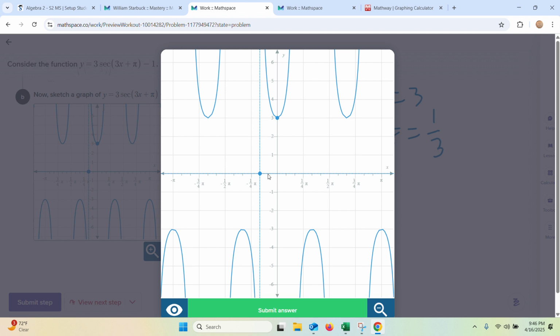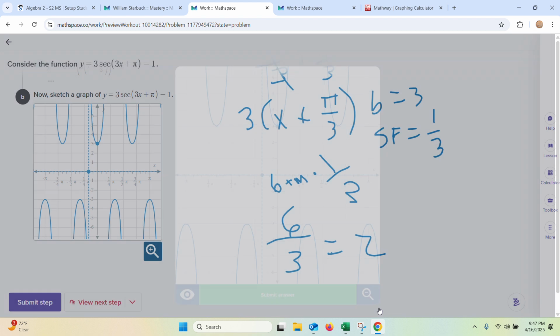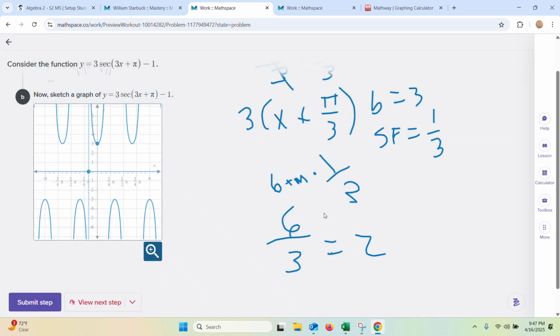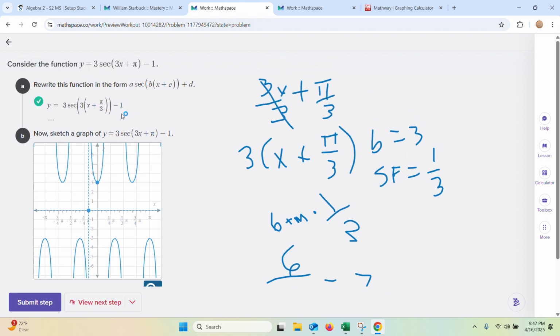So how many 12s is a 3? Okay, I just confused myself with that. Okay, hang on. What are we doing? We're moving it over pi over 3. So this point is at pi over 6.